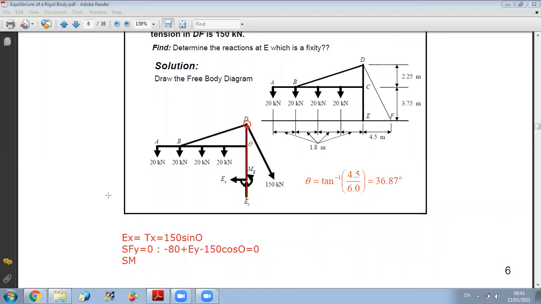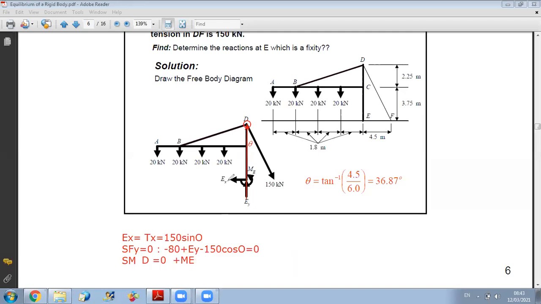So I will choose to do sum of moment about D. Sum of moment about D equals 0. Let us select the counterclockwise as positive. So we have plus ME. Now for Ex, is it producing a positive moment or negative moment about D?